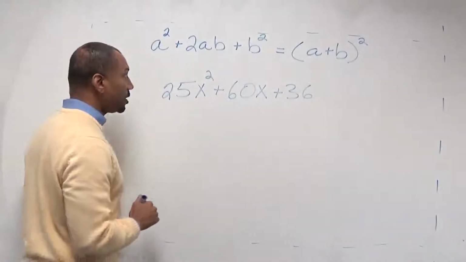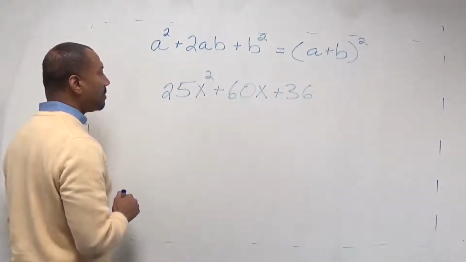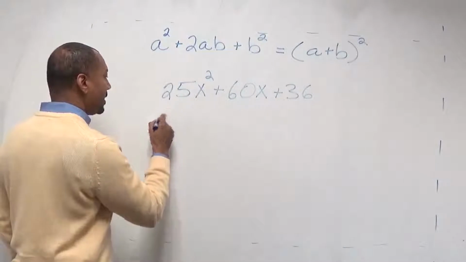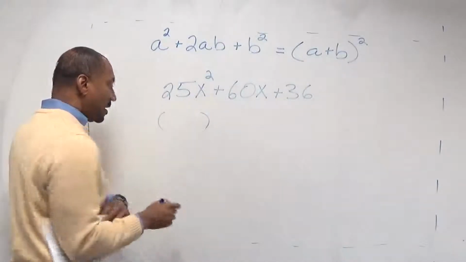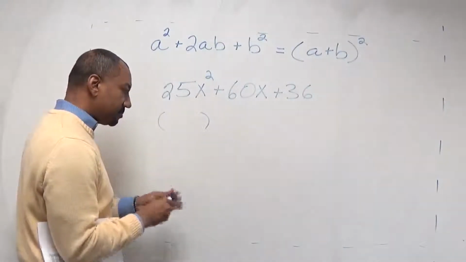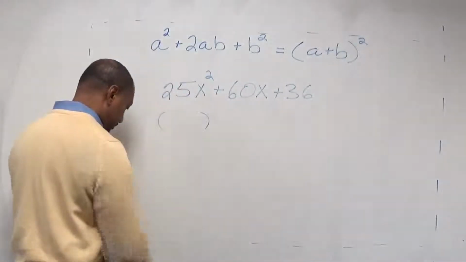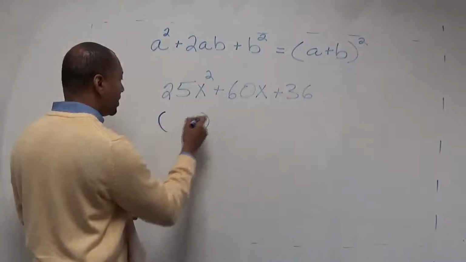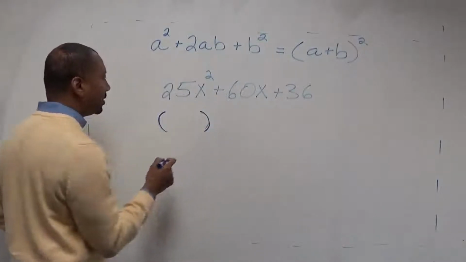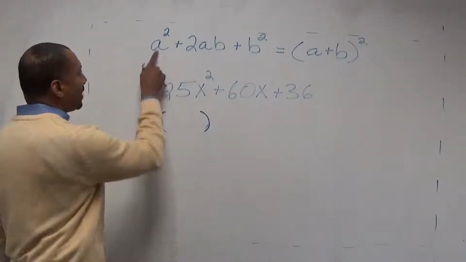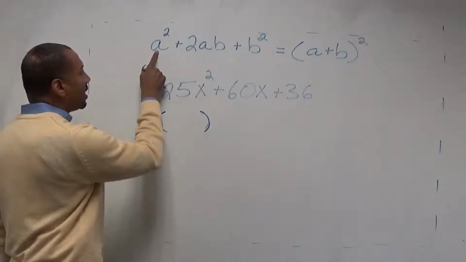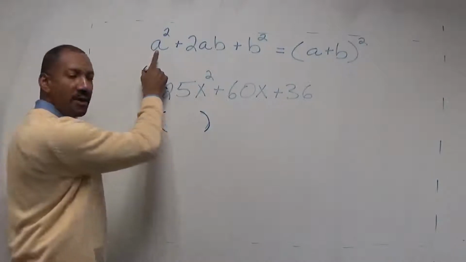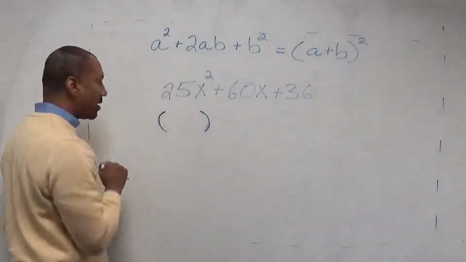Okay, so we'll start by giving ourselves a better marker. All right, so here in our formula, we see that we're starting off with a being squared.